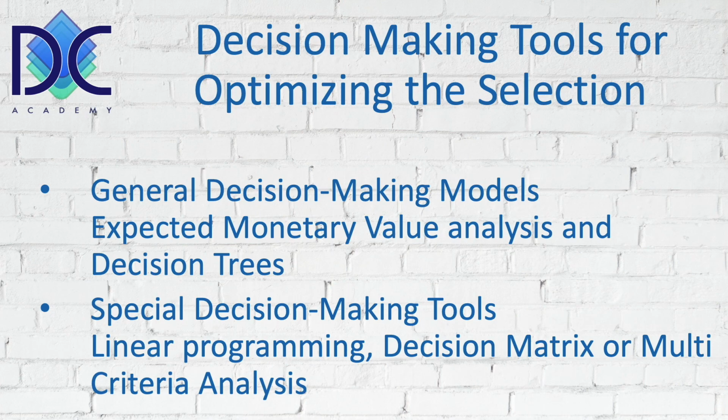It depends on how you define the problem. There is also the method of the decision matrix or multi-criteria analysis. We will talk about that later with some examples, and you probably will find some other videos related to linear programming, the expected monetary value analysis, and the decision trees.